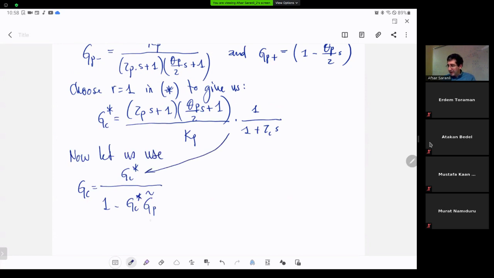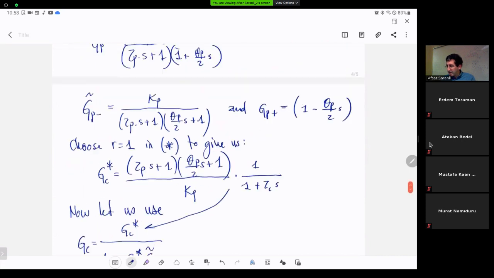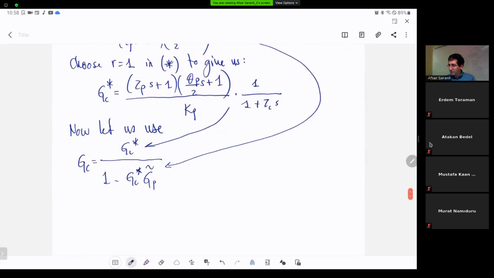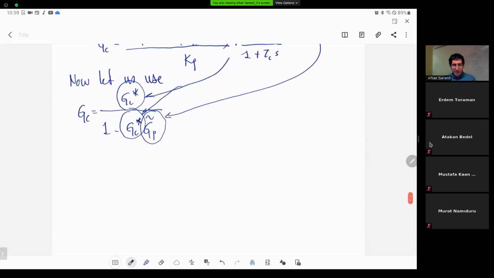GP I'm going to use this, for this model over here, and for GC star I'm going to use the above derived formula. The rest will be simply manipulating all the polynomials and hopefully we will arrive at our result.